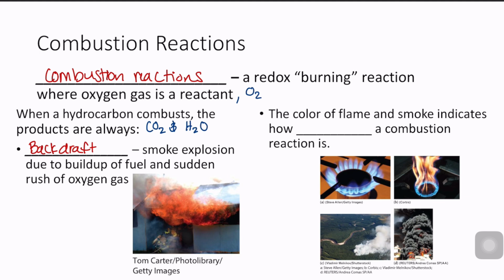When you're doing a combustion reaction, the color of the flame and the smoke is going to indicate how efficient a reaction is, whether there's too much oxygen or not enough oxygen. A lot of times, this yellow flame you see here is a result of having too much oxygen and not enough gas, if this is a propane stove.